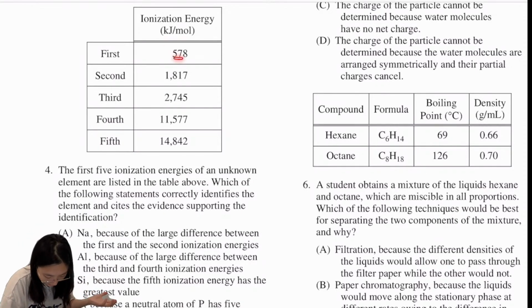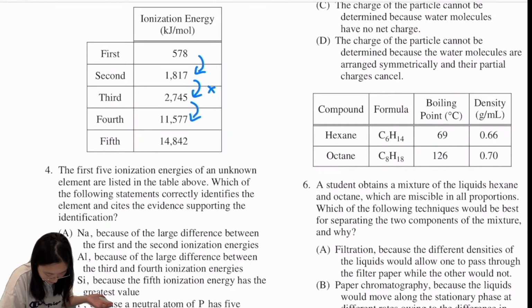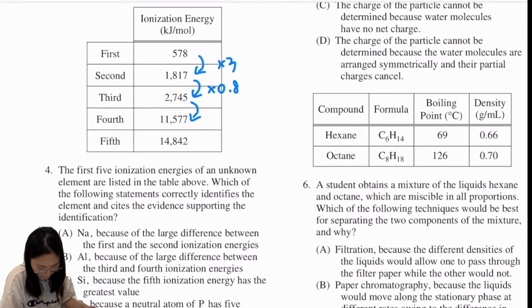Okay, so 578 to 1,800, and okay, so this is a jump, and it's approximately 3 times bigger. And then next, it's approximately 0.8 times bigger. Okay, and next, this is from 2,700 to 11,000.